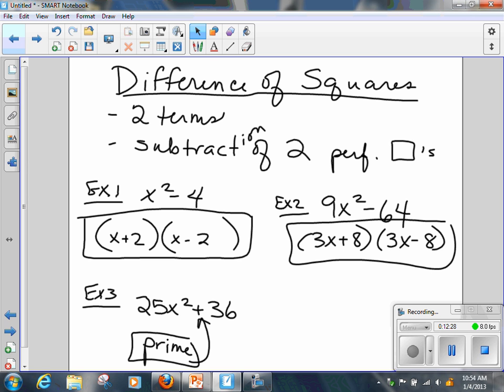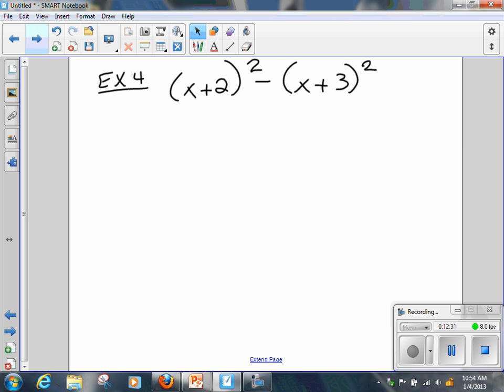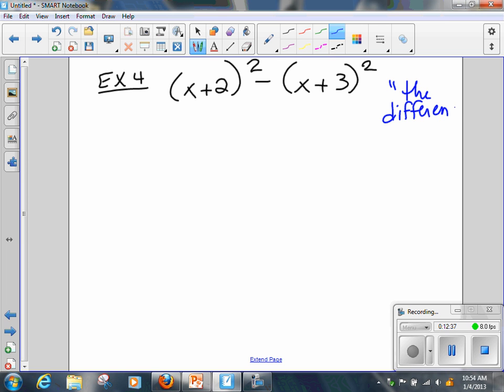All right, so let's change the way we're thinking. Here we have the difference. Would you agree that it's the difference? It's a subtraction symbol. It's the difference of 2 quantities. Do you guys agree with that?